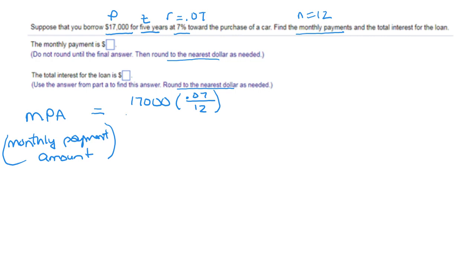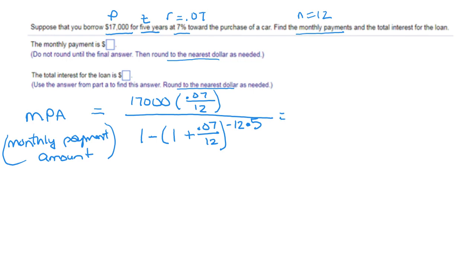That's your numerator. And this is all divided by 1 minus, open parentheses, 1 plus, same fraction, 0.07 over 12, close the parentheses, raised to the negative 12 times 5. So remember, N is 12 and T is 5. Then you're going to place this in your calculator. It will look exactly the way I just wrote it out.